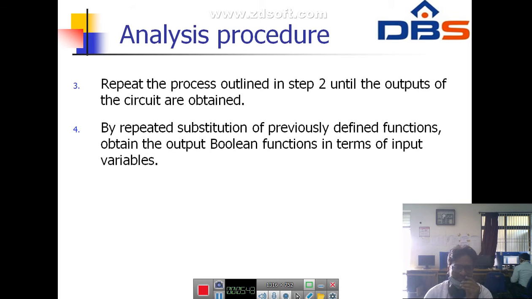Next, we repeat the above two steps until the outputs of the circuit are obtained. By repeated substitution of previously defined functions, we obtain the output Boolean function in terms of input variables.